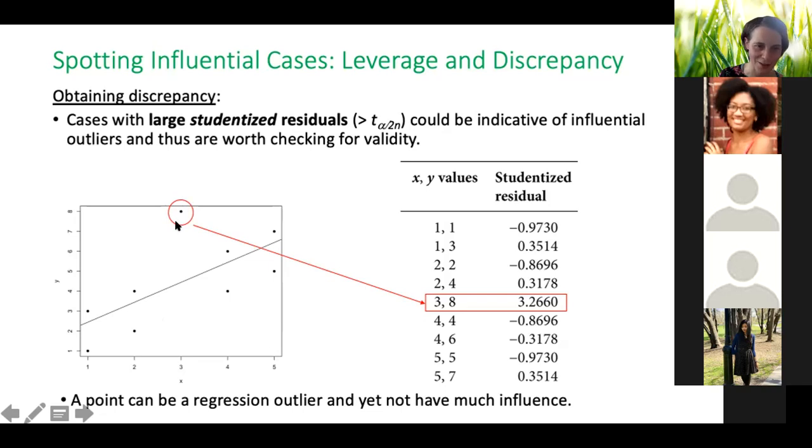It has a potential, always have to keep that in mind, it has potential to be influential. It has a potential to influence the estimation of the regression coefficients and also the estimation of the slope, but only if it has not only high discrepancy, not only a large studentized residual, but also if it has high leverage.